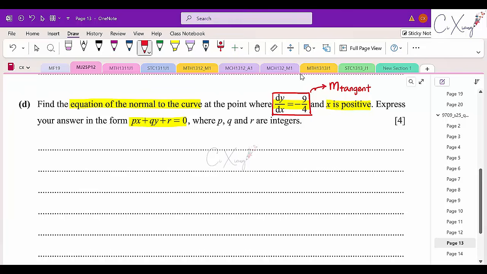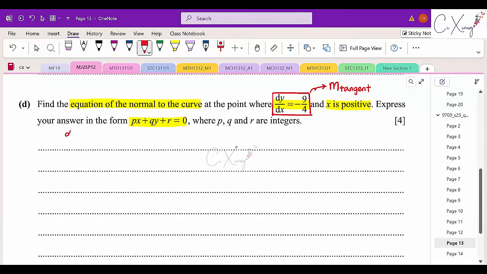But now they want you to find the equation of the normal, so using this information, you need to find the gradient of the normal later. When you want to form the equation of a tangent or normal, you need to know the passing point that lies on the curve and also on the tangent or the normal. So I want to find the passing point first before I can form the equation.